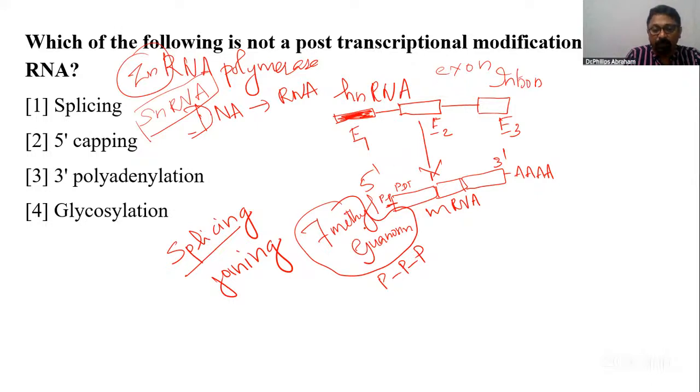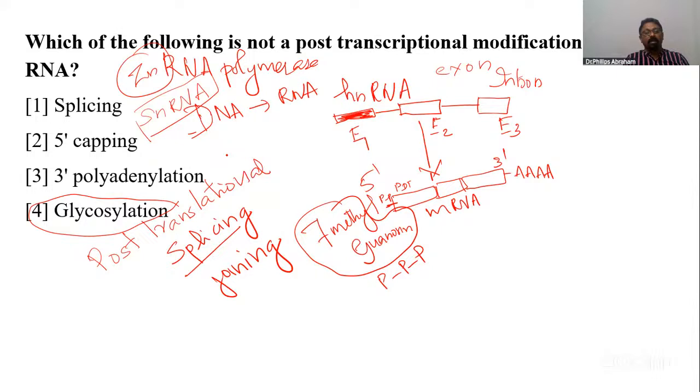We have 5' capping, 3' poly-A tailing, and splicing. Glycosylation is the one that happens after protein synthesis, that is post-translational. All the other three are post-transcriptional modifications, about how to convert hnRNA to mRNA.